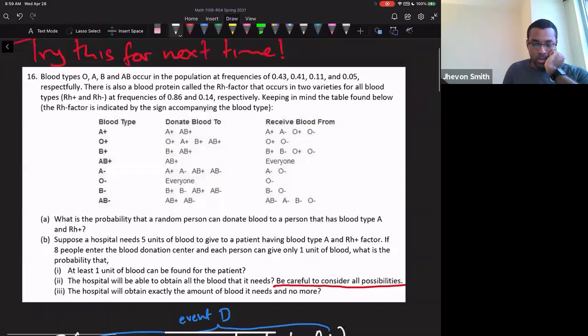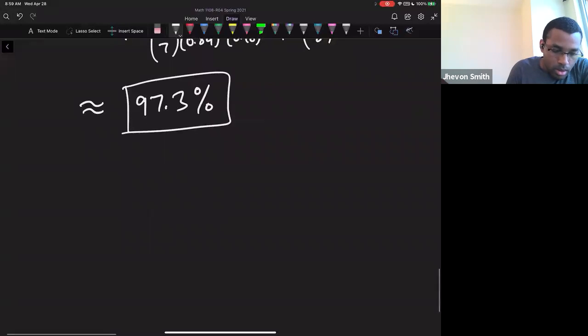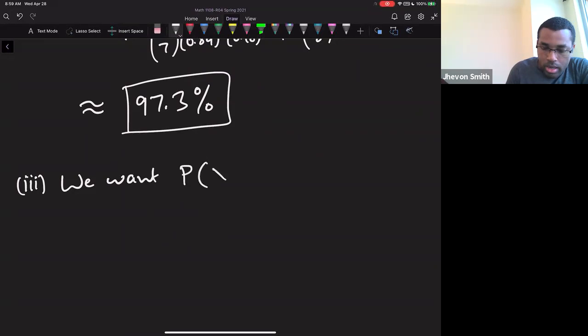The hospital will attain exactly the blood that it needs and no more. Well, this just means they get exactly 5 units. So if we look at part 3, we want probability that they get 5.